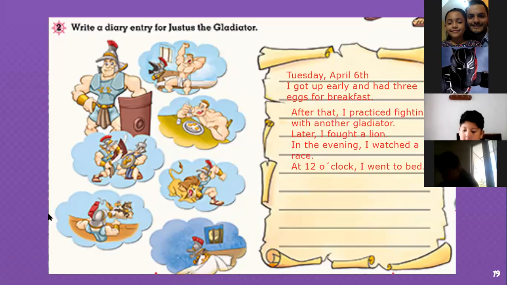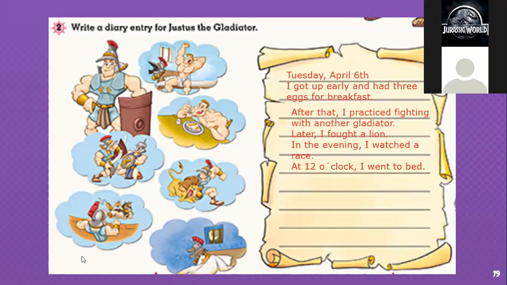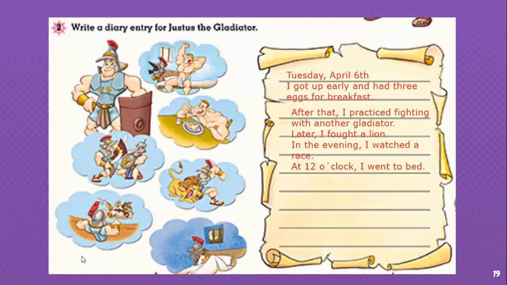Okay, excellent. Let me check. Okay, Harrison, you did it. Okay, excellent. Yes, and remember, write with pen, blue or black pen. Not with pencil, because with pencil it's difficult to see the information. Okay, Mia Rivera, you did it. Okay, excellent. Thank you very much.